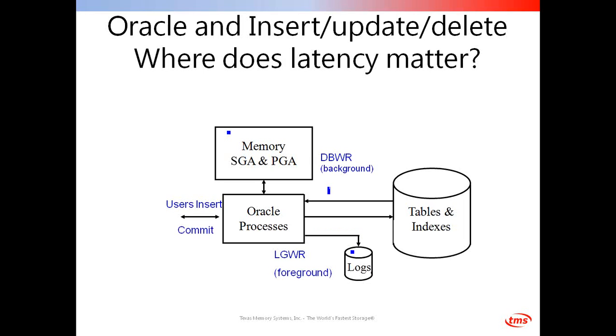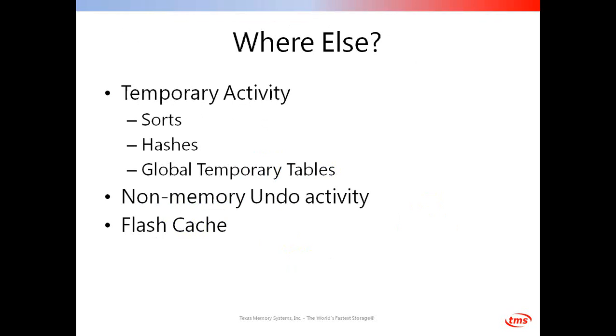And then it takes its own sweet time with DB Writer to write the memory contents out to the data or index where it needed to go. So you can see that logs have to be performant. So that's where write time makes a difference. Where else? Well, if you do a sort and it ends up going to disk, it better be performant.